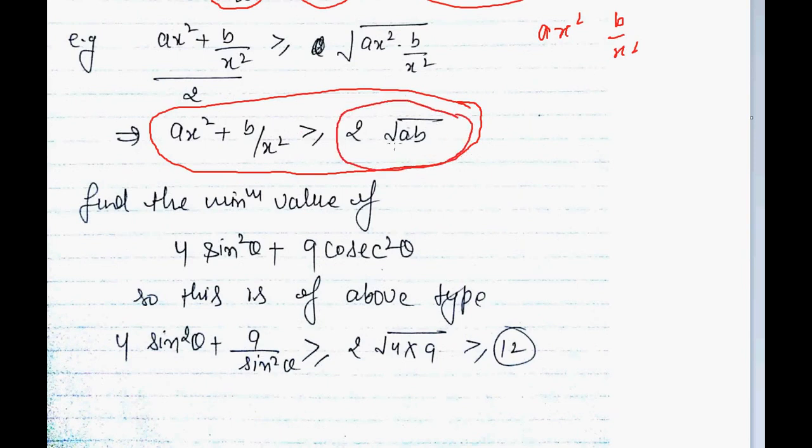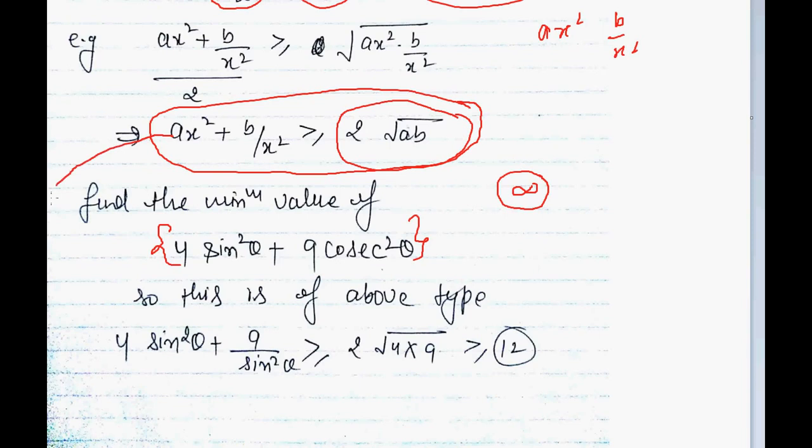Now, as already discussed, whenever secant, cosecant, tangent or cotangent is present, maximum is never asked because maximum is always infinity. We only have to focus on the minimum value. See, we have to find the minimum value of this function. Can I write cosecant squared as 1 upon sin squared?